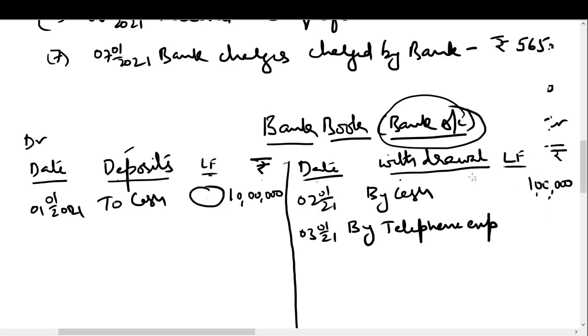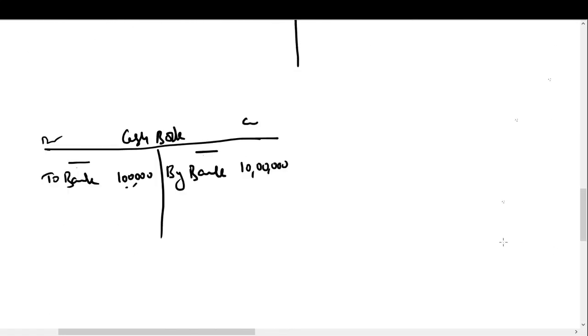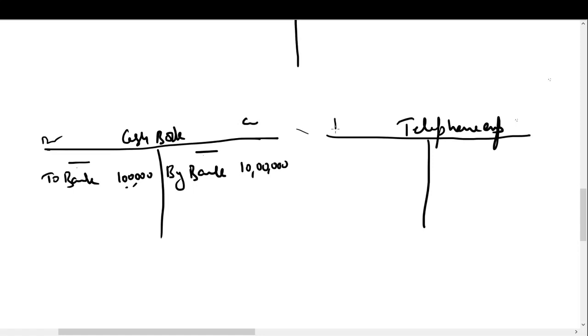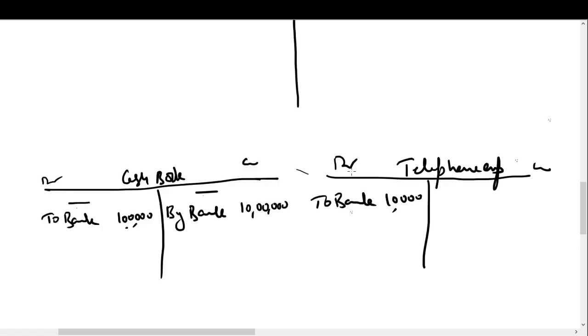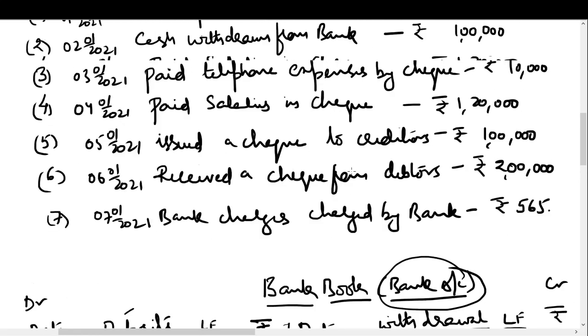So I'll write here telephone expenses 10,000 rupees. Now what should I do next? I should open a telephone expense account in the ledger, and on the debit side I should write 'to bank' rupees 10,000. Even if you write a journal entry, the posting will come in the same manner.